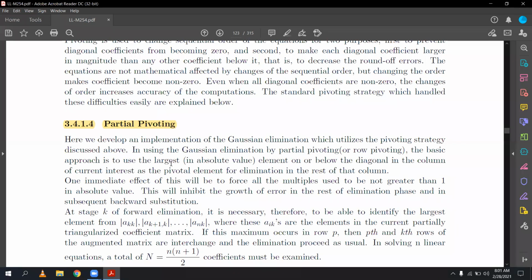We have to choose each diagonal element in the column to be the largest in the absolute sense. When the diagonal element in each column is the maximum, the chance of a small or 0 element in the diagonal is almost finished.